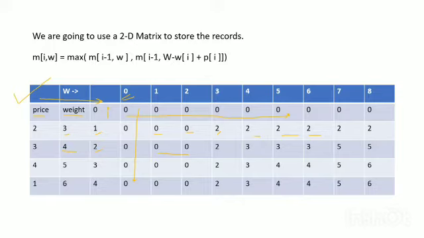But whenever we are calculating for 2 comma 3, we have a formula. What does the formula say? M[i, w], that is M[2, 3], is the maximum of M[i-1, w], that is M[1, 3], which is this element, and M[i-1, w - weight] plus profit, that is M[1, 3 - 4] plus 3, which is 0. So the maximum of these two elements, 0 and 2, is obviously 2, and it is going to come here too.